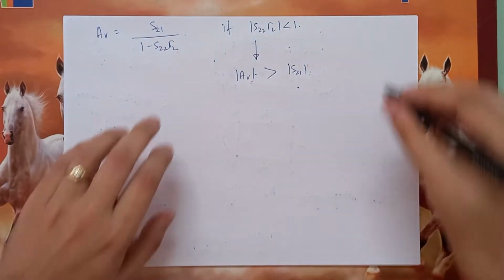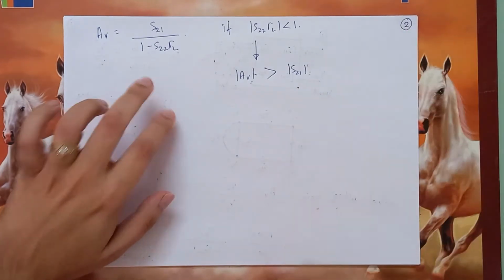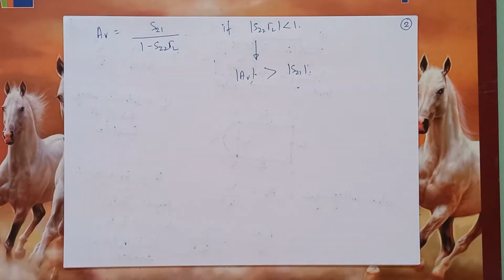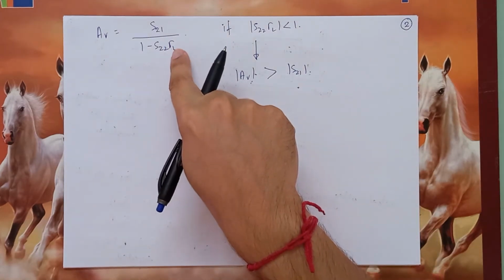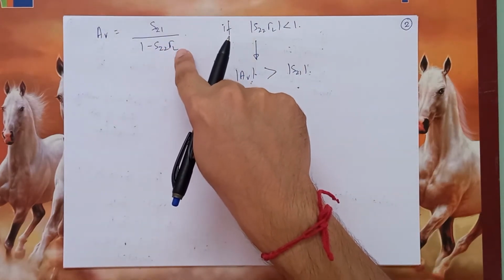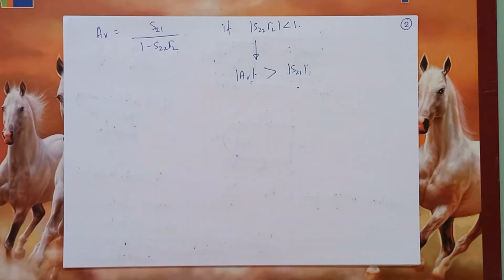So therefore, I had made this statement to conclude the previous lecture, saying that by having non-zero load reflection coefficient gamma L, we can actually hope to get more gain from the amplifier.